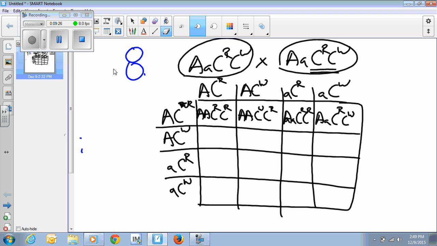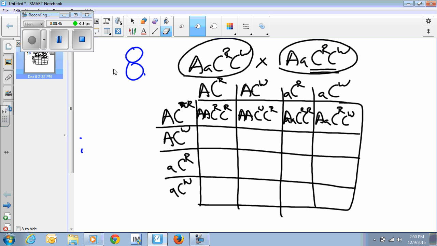Well, you're going to need to start tallying these up and go through this whole 4x4 Punnett square to get the results. And the results are in the back of the book. I'm not going to go through all this just to save time. But you do need to complete this whole table and then tally up all the possible combinations that you'll get.